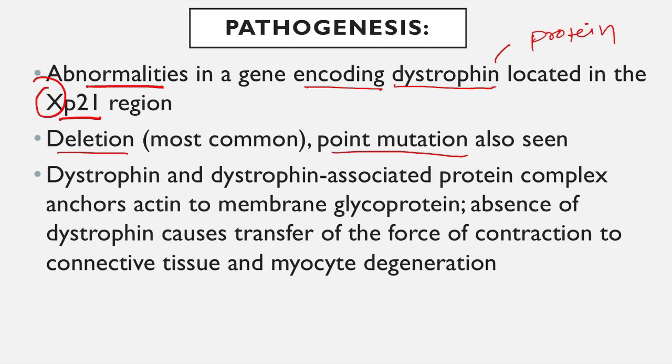Dystrophin and dystrophin associated protein complex anchors actin to membrane glycoprotein. Absence of dystrophin causes transfer of the force of contraction to connective tissue and myocyte degeneration.